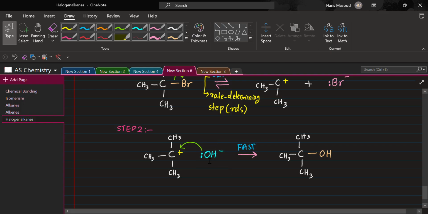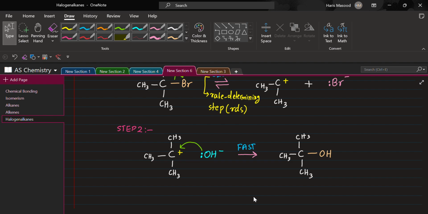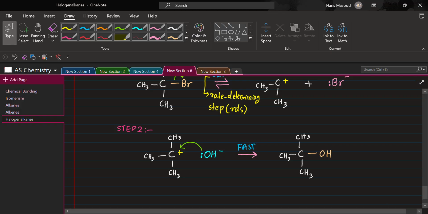The carbocation is there, and it swiftly attaches to it without any delay. That is why it is a fast reaction. That is the whole basic simple SN1 mechanism.